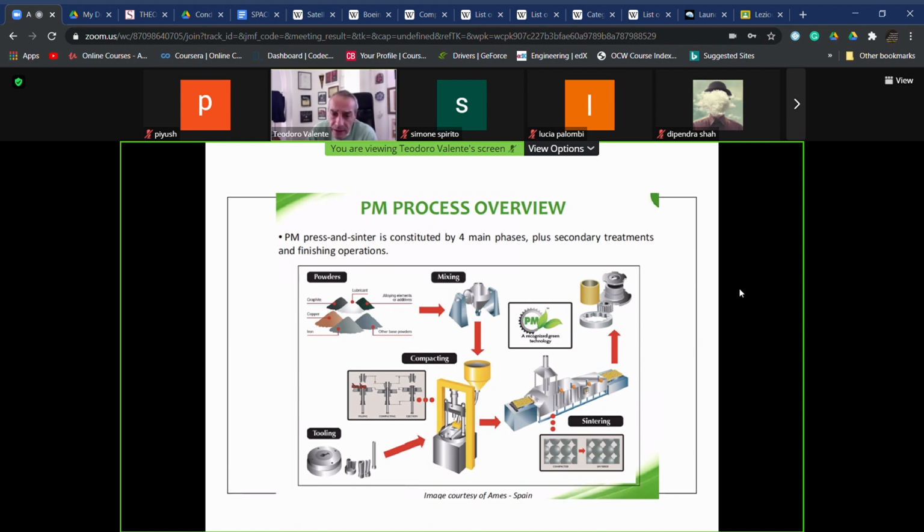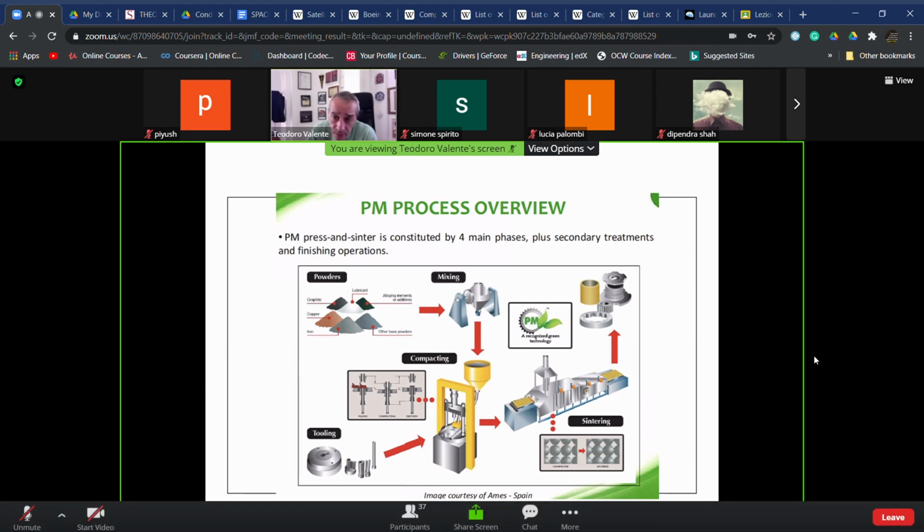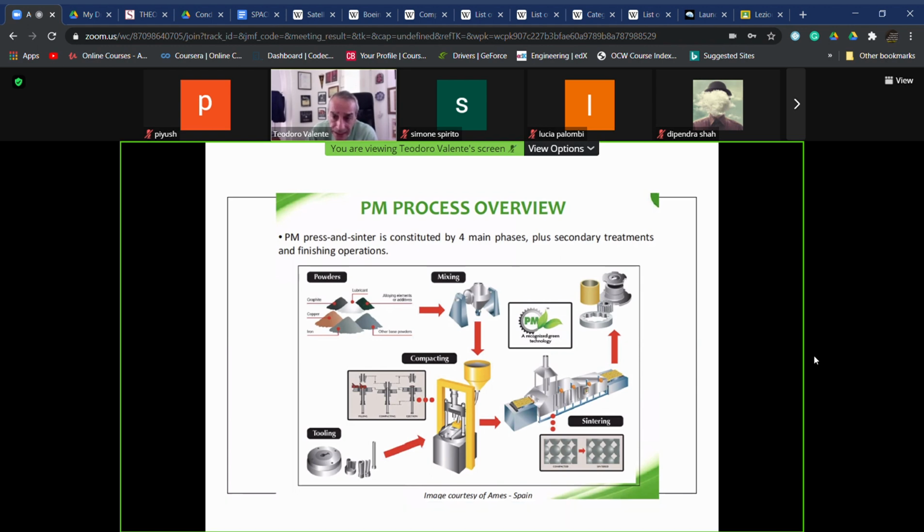And what is very relevant for this kind of technology is that, as you see here, even though this is a scheme, we do not have any liquid phase, first of all. Secondly, we get the fabrication of the component, which is always a net-shape fabrication.